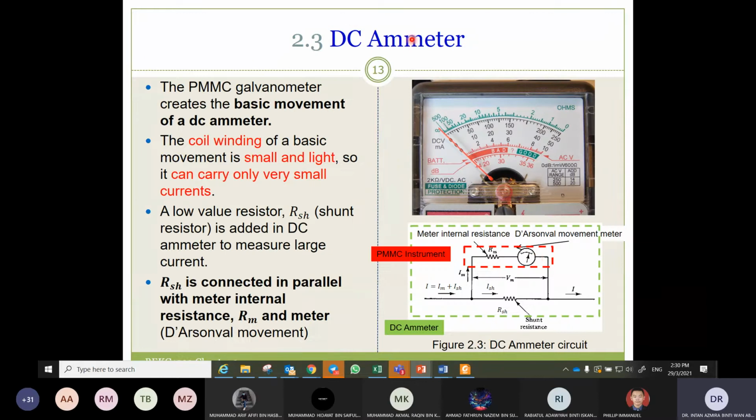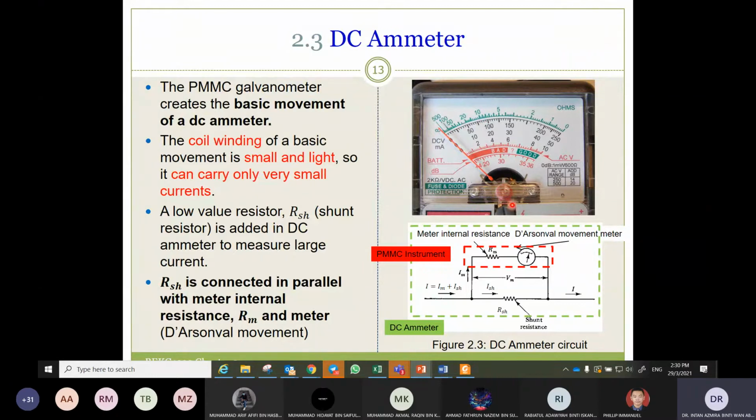This is the DC ammeter. The PMMC galvanometer creates the basic movement of a DC ammeter. If you can see this part, the PMMC or D'Arsonval configuration is here.